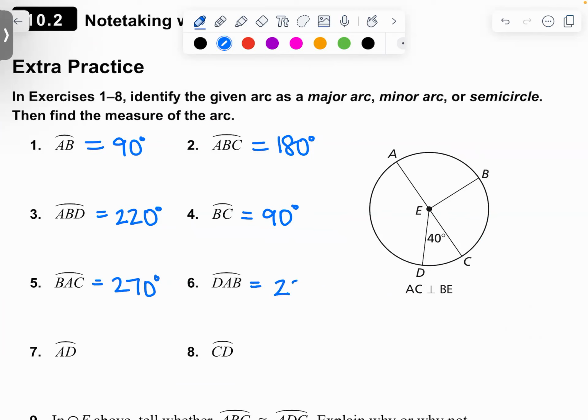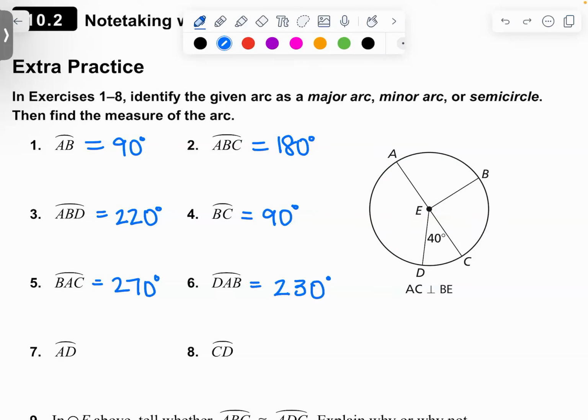Dab, I got 220. I'm hearing some rumblings. I got 230. Yeah, it's 230. So DAB, I went past E. So yeah, this is 130. So the leftover is 230.